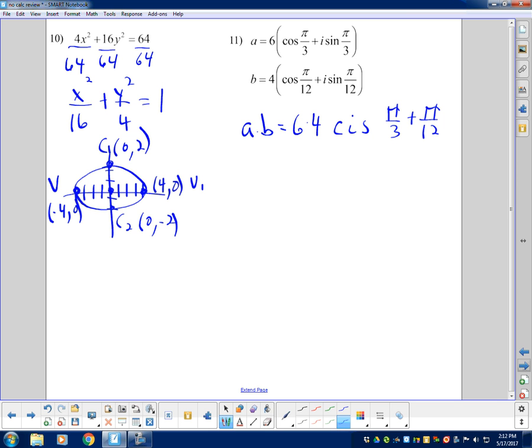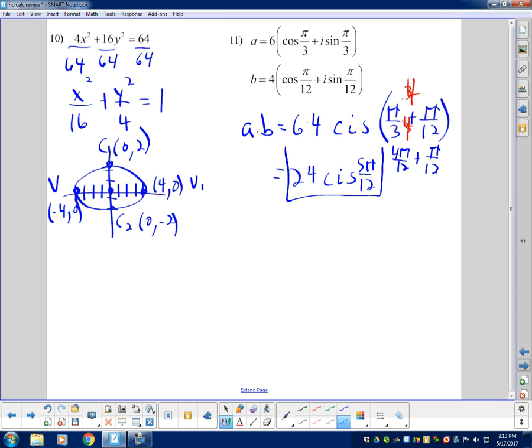If I'm asked to divide, I will subtract the two angles and divide the coefficients of each of these. So this is 24 cis, change pi over 3 to 12 by multiplying by 4 over 4. So 4 pi over 12 plus pi over 12 gives us 5 pi over 12.